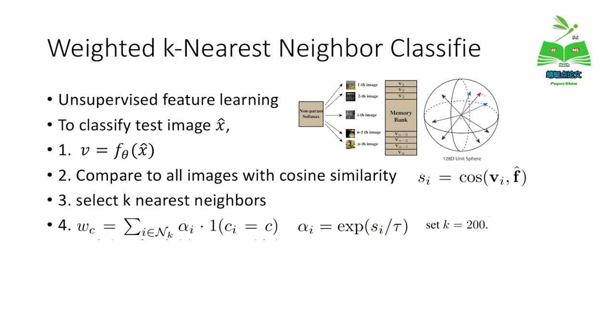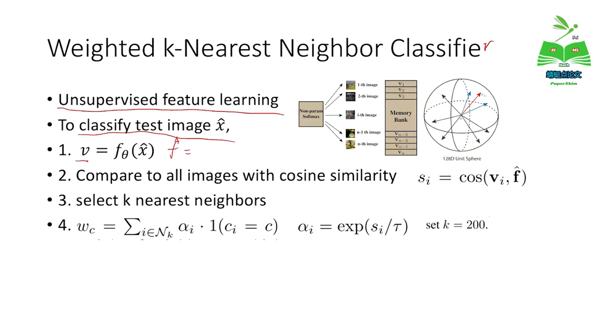The first component is a weighted k nearest neighbor classifier. First, we apply the unsupervised feature learning to learn the CNN feature extractor. Then, to classify test images x, we extract the feature f hat.